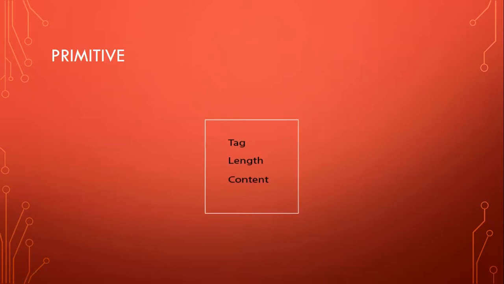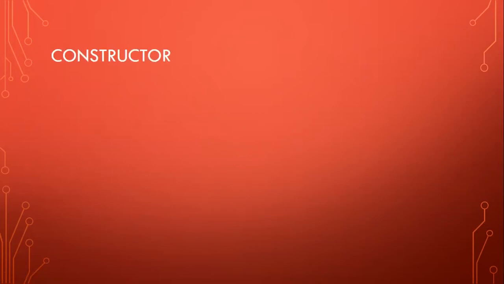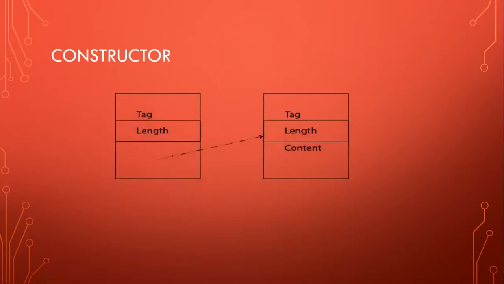So for primitive, as I've said previously, we have a single information element, that is tag, length, and value. And for a constructor information element or a message, we have multiple information elements.